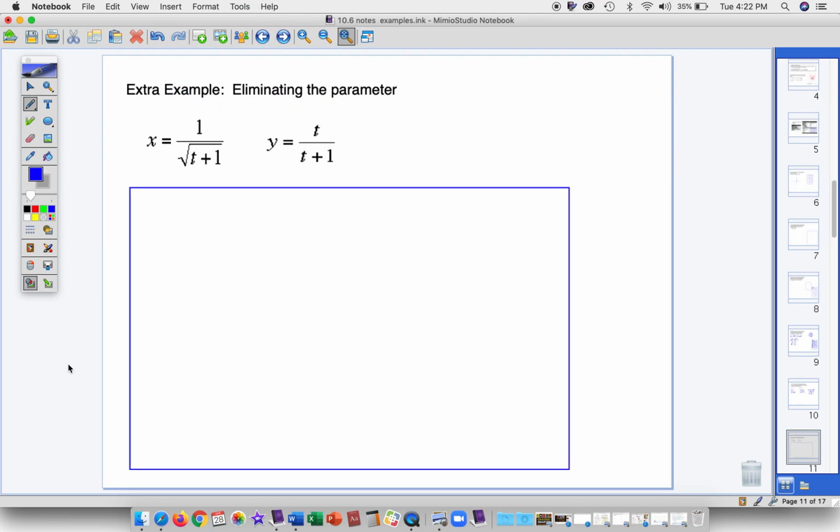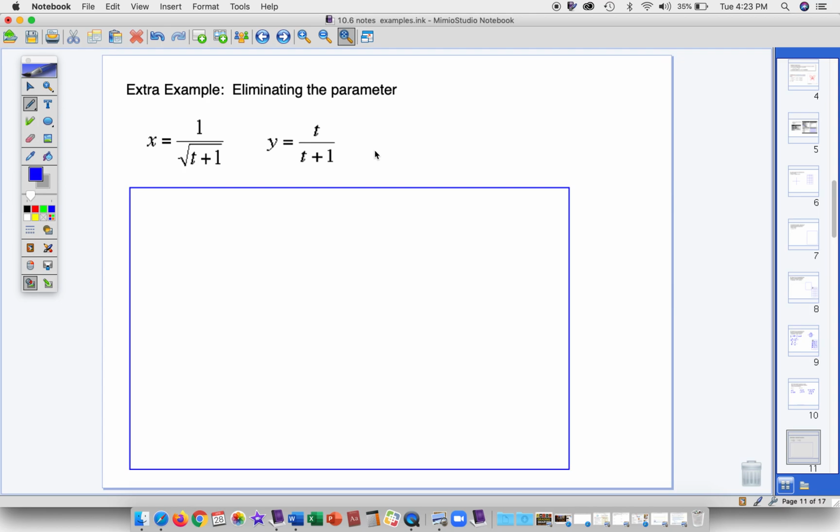Let's move on to, oh, I have an extra example. So this one, a little more complicated, but this would be a good time to pause the video. Try this one on your own. Solve for t just like we did. Plug that into the second equation and see if you can come up with the rectangular equation.